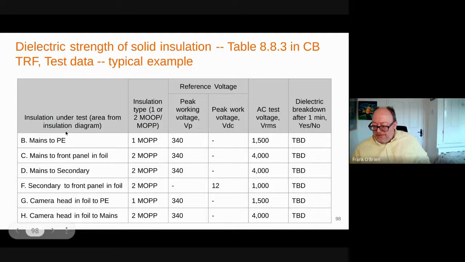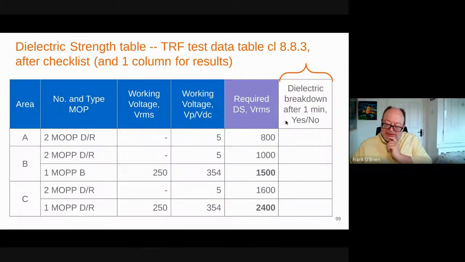And so you don't know the diagram, but this basically betrays exactly what that diagram looked like, the insulation and voltages, and we needed to do these tests. And so here we'll specify no breakdown or breakdown. And that's in table 883, which is the dielectric test method. And then the data results are in the end of the report there.